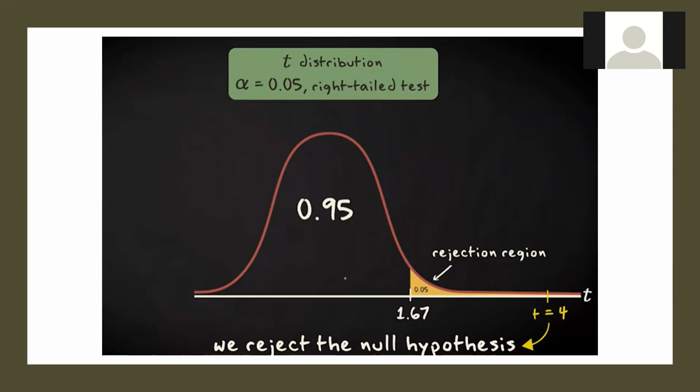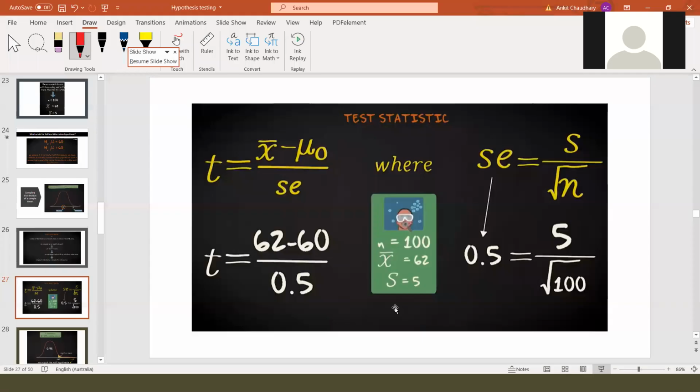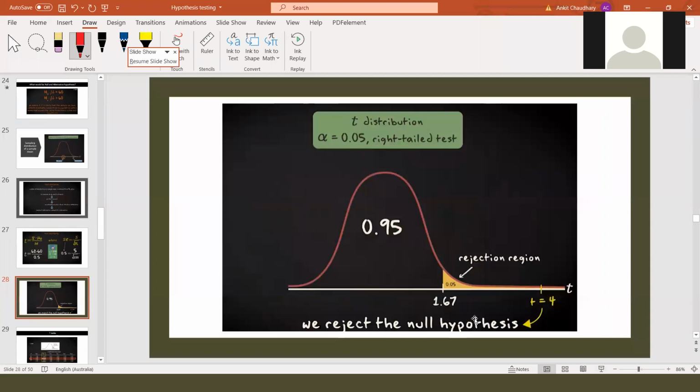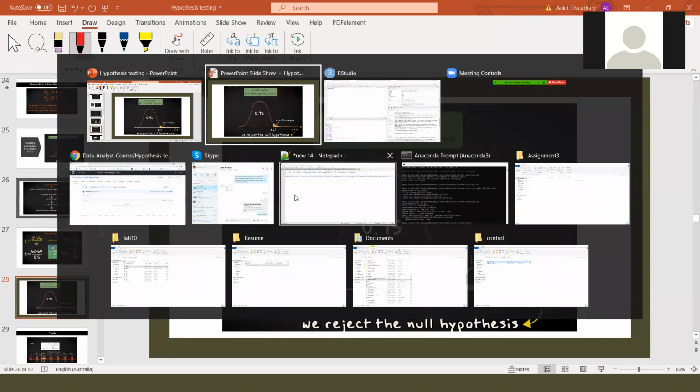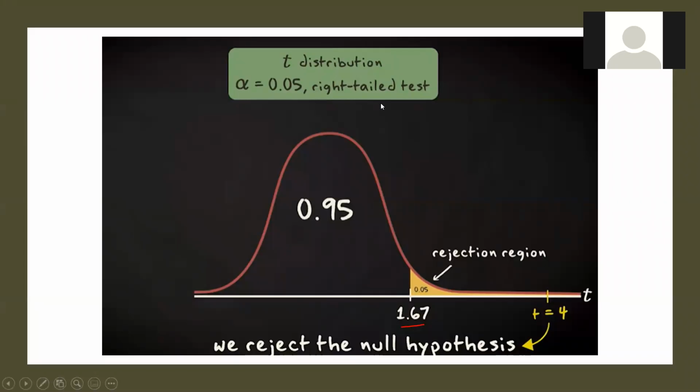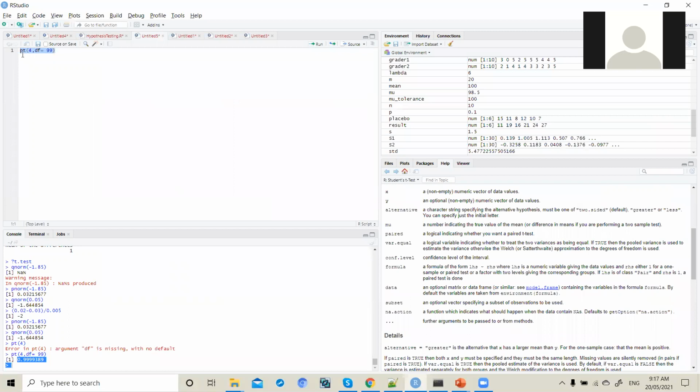Also, how did we get 1.67? This means 95% of the population, right? To get this value 1.67, we will use qt.